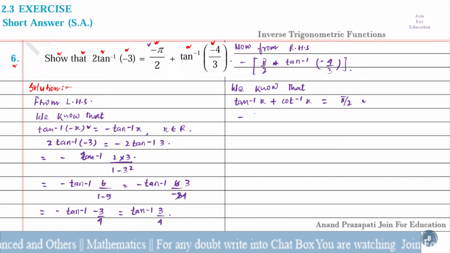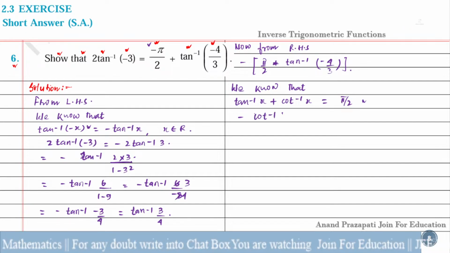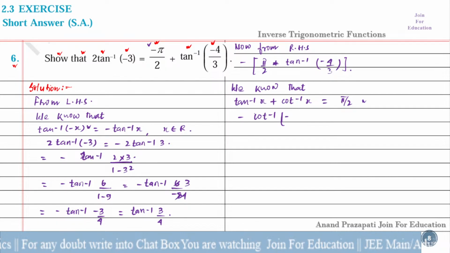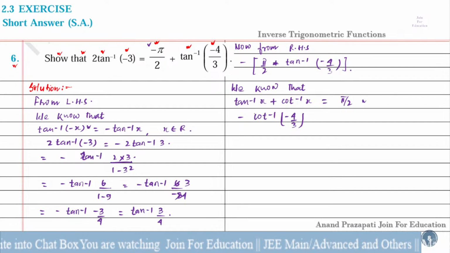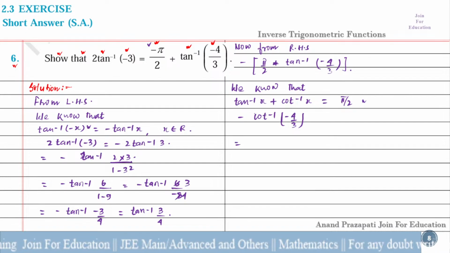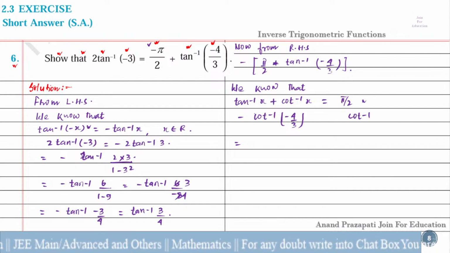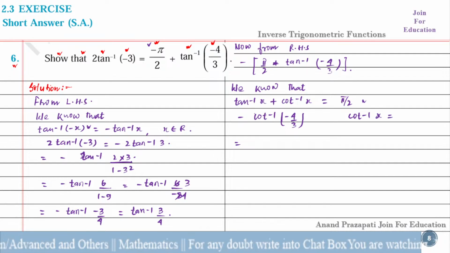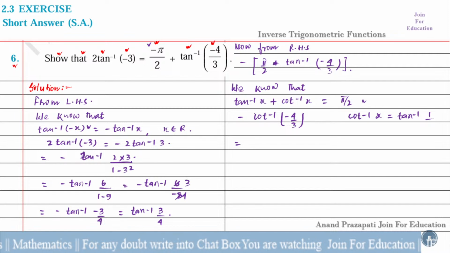So we write here cot inverse minus 4 by 3. We know that cot inverse x equal to tan inverse 1 by x.